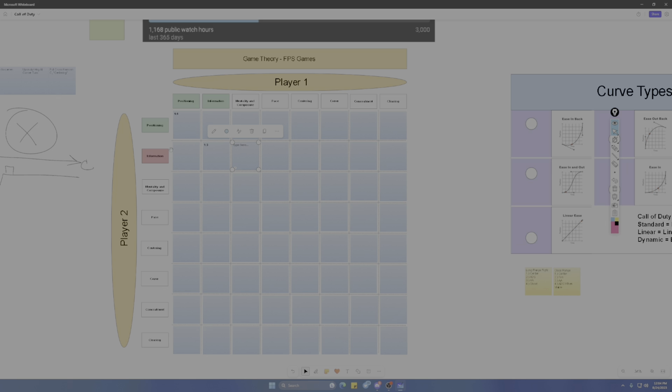So moving on a little further, if they both understand this better or equally, then we're going to get another 1-to-1 scenario where they're both successful with this. And now mentality and composure. So this is player one.